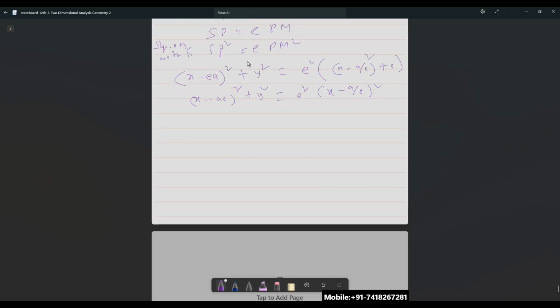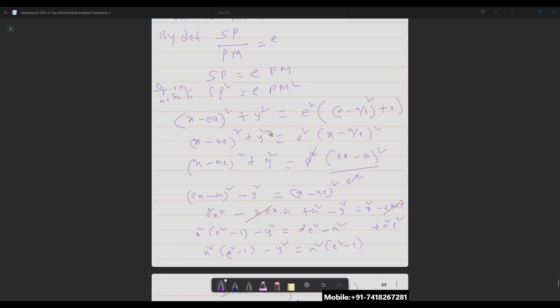On expansion and simplification, we'll get something. See, this is what we have from this equation: (x minus ae) whole square plus y square is equal to this. Here we multiply, taking the LCM: x gets multiplied with e, and since e is inside a square, we can take it outside as e square, so e square and e square get cancelled.